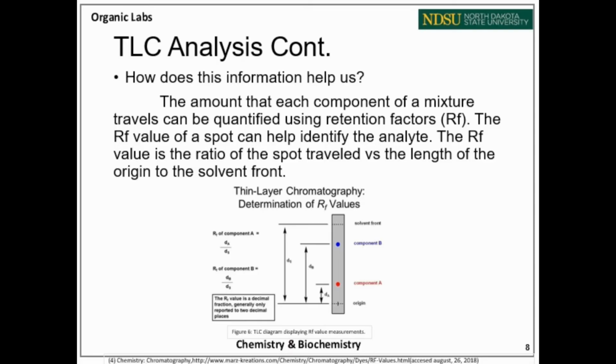For example, to determine the RF value of component A, you would take the length it traveled from the origin to the spot that you visualized, divided by the length from the origin to the solvent front, which gives us a ratio, or retention factor.